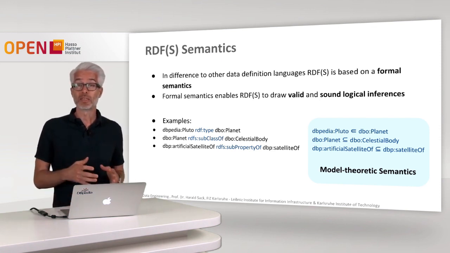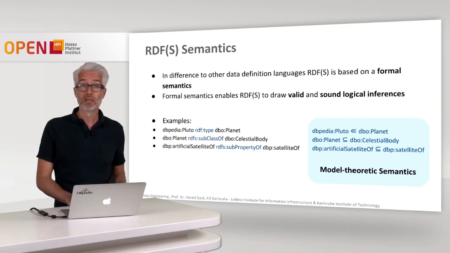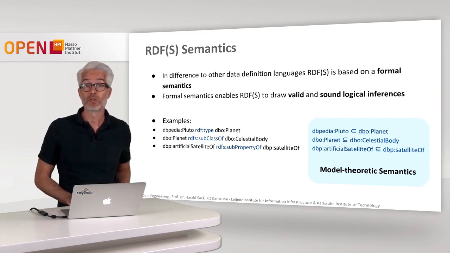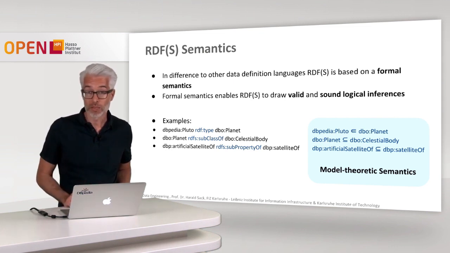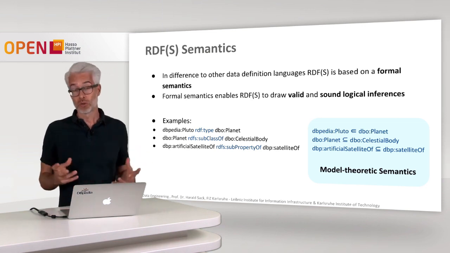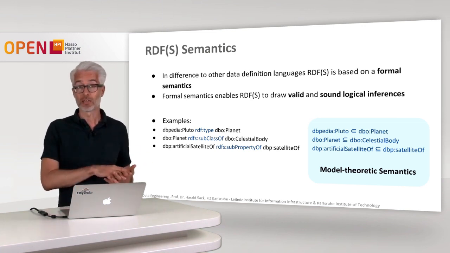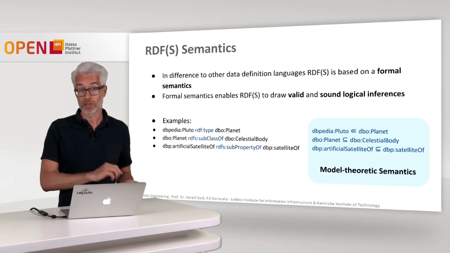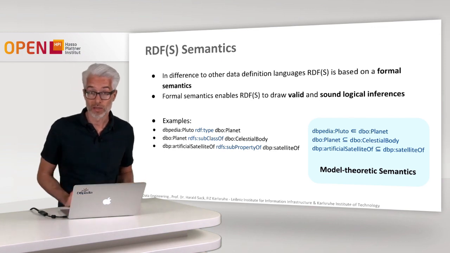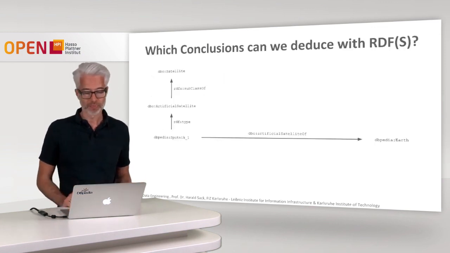So you simply interpret the meaning of your constructs by building a new model, a simpler model, on which it is based. This is model theoretic semantics. Don't worry about that. It's only to make sure that there is a solid mathematical foundation behind that. More interesting for you will be, what can I do with it? And this we will see next.